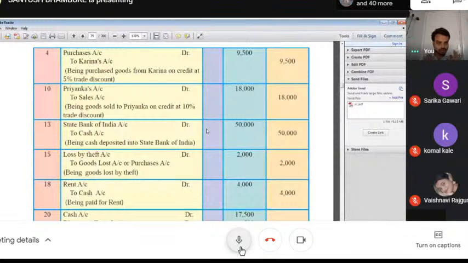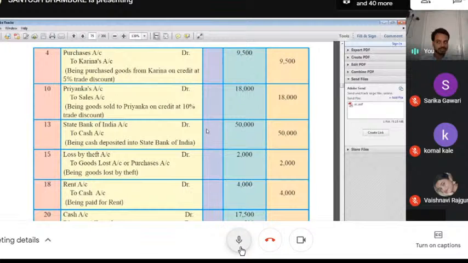Do you know? Narration means brief explanation. What is the explanation about that transaction? Mother gives 10 rupees to her child. That is the narration. Being mother gives 10 rupees to her child. That is a simple narration. Everyone write that narration in your book.